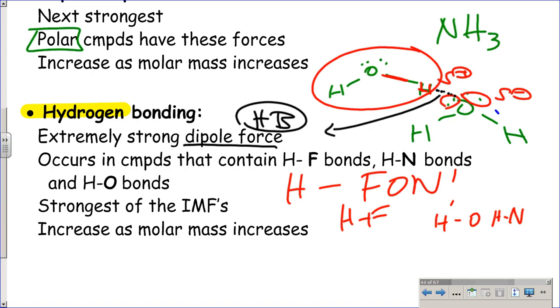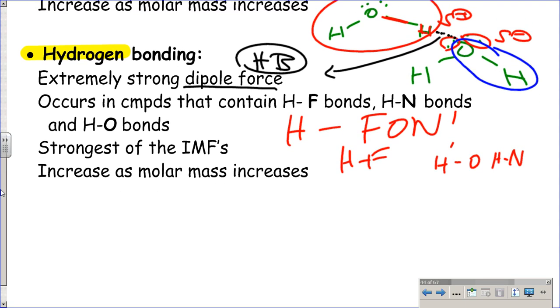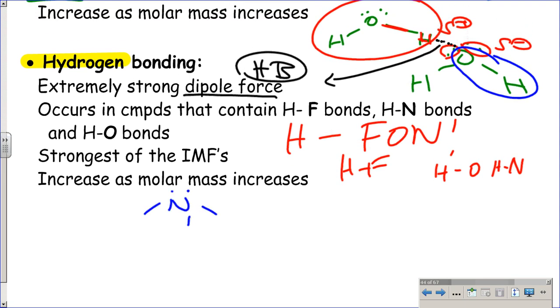And you can see in water, it's all jacked up now. Water has an HO bond. What's ammonia going to look like? HN bonds, right. It's going to have ammonia with HN bonds. So this bond here is considered an HN bond.